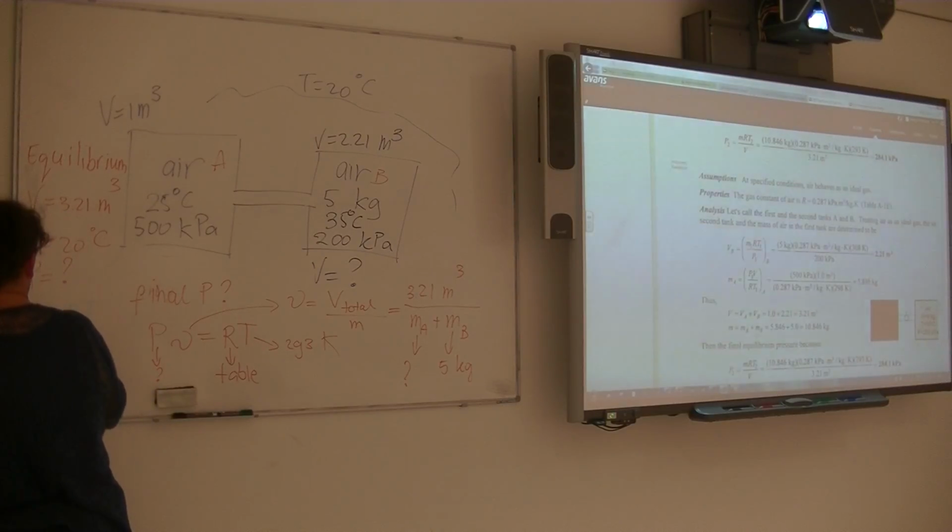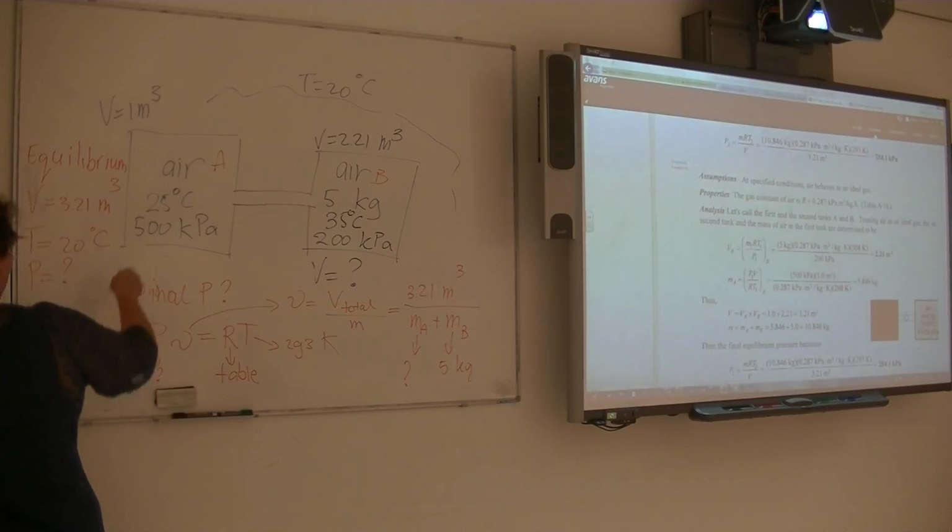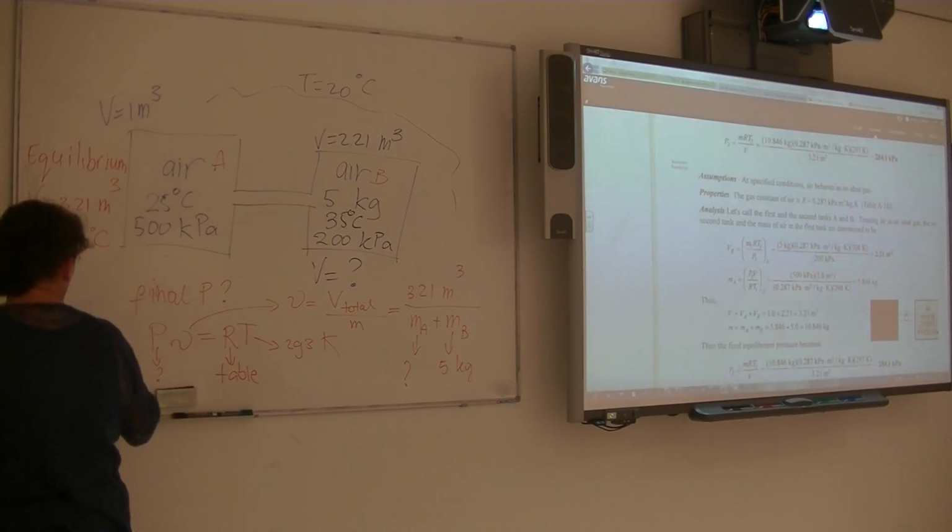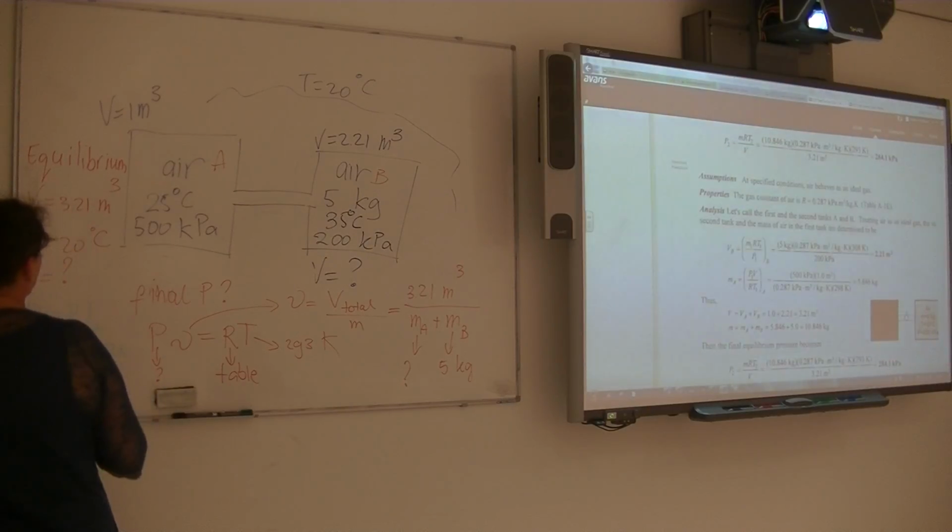The pressure in A equals the specific volume in A times the gas constant for air and the temperature in A. The temperature is 298 Kelvin before equilibration, and the pressure in A at the beginning is 500 kilopascal.